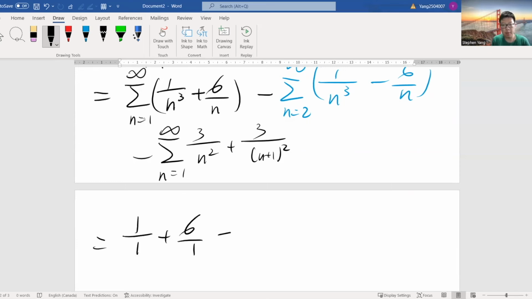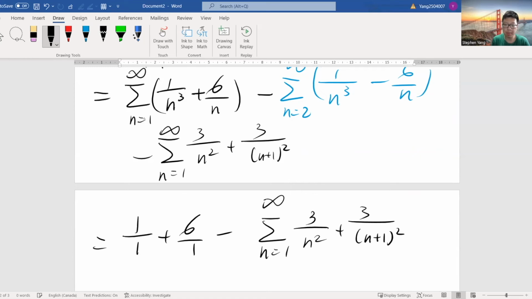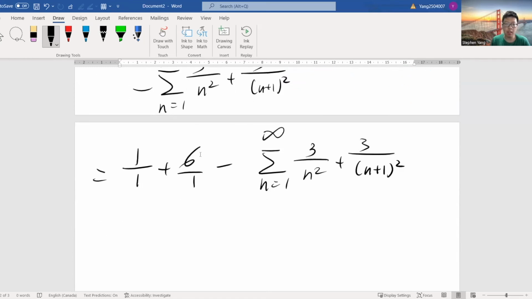And then we evaluate the last series, the sum from n equal to 1 to infinity of 3 over n squared minus 3 over (n plus 1) squared. The first part is just equal to 7.